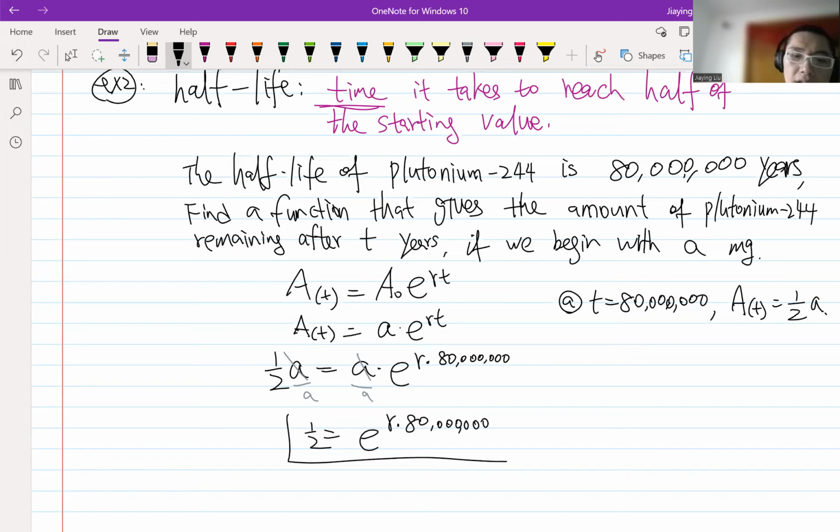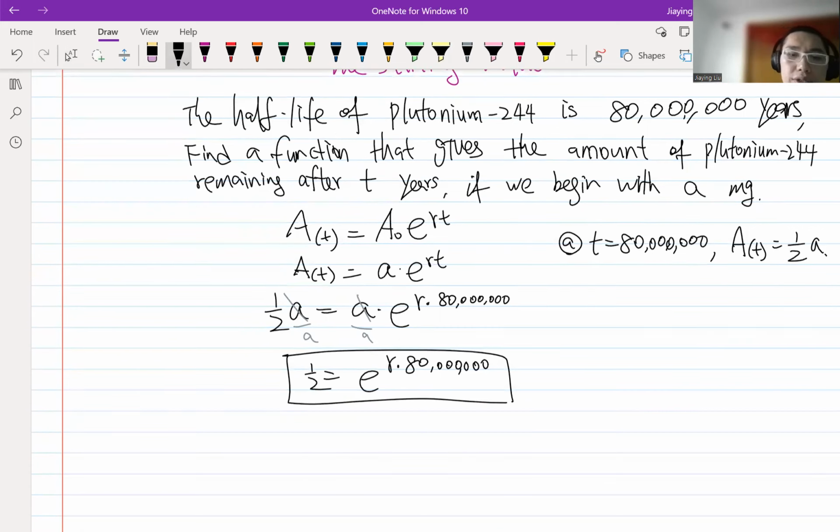Now, in half-life problems, at some point we always end up with half equals something, kind of like in doubling time, where we always end up with 2 equals some exponential. So from here, we take the natural log on both sides. We get natural log of half equals natural log of e to the r times 80 million in the exponent.